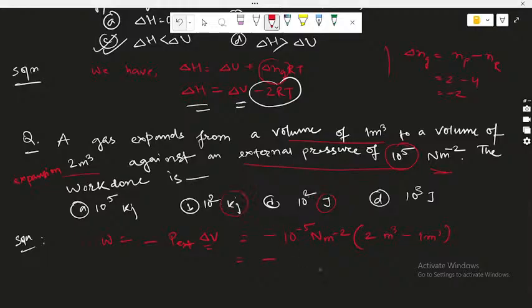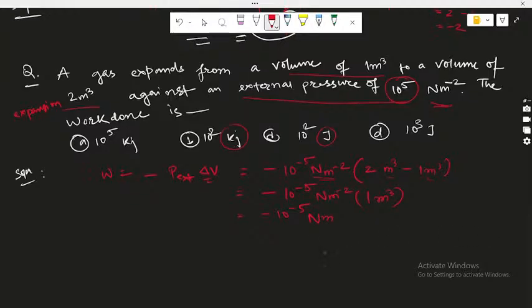Multiplying directly, we get 10 to the power 5 Newton meter. Newton meter is nothing but joule. Always remember 1 Newton meter is equal to 1 joule.